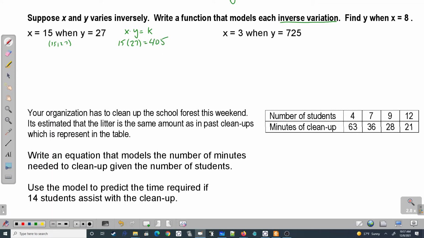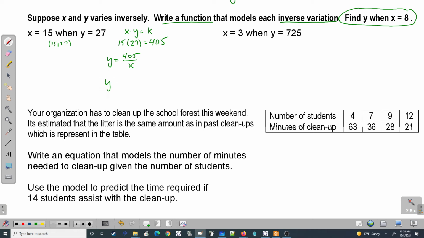So now, if I'm being asked what is the equation, what is the function, I could write y equals 405 divided by x. And honestly, that would probably be all I would want to do. I mean, I could rewrite it as xy equals 405, but y equals 405 over x would be helpful, because over here, I want you to find y when x is 8.